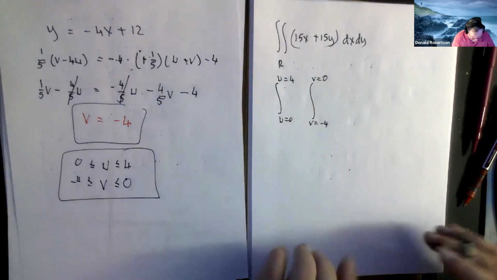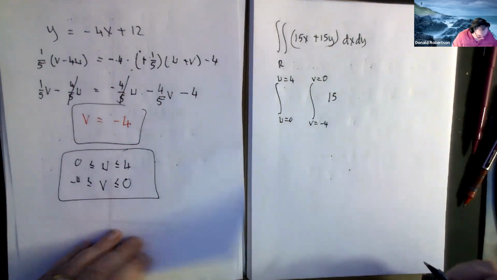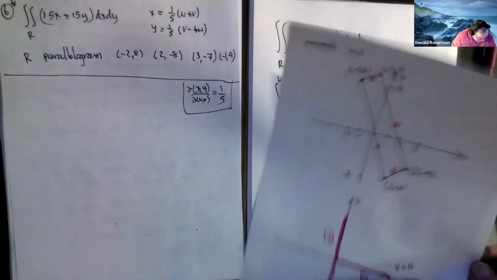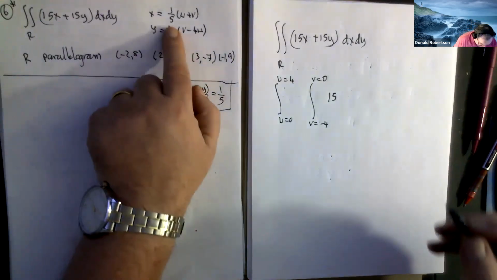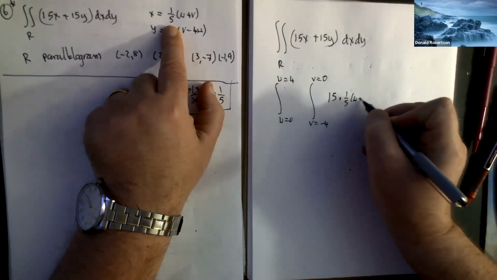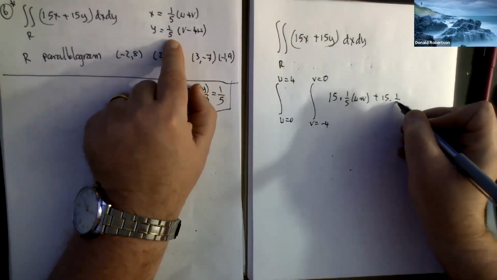I'm assuming that I guessed that one right. 15x's turn into, I need to start writing smaller. 15x's turn into 15 of these guys. Plus 15y's turn into 15 of these guys.